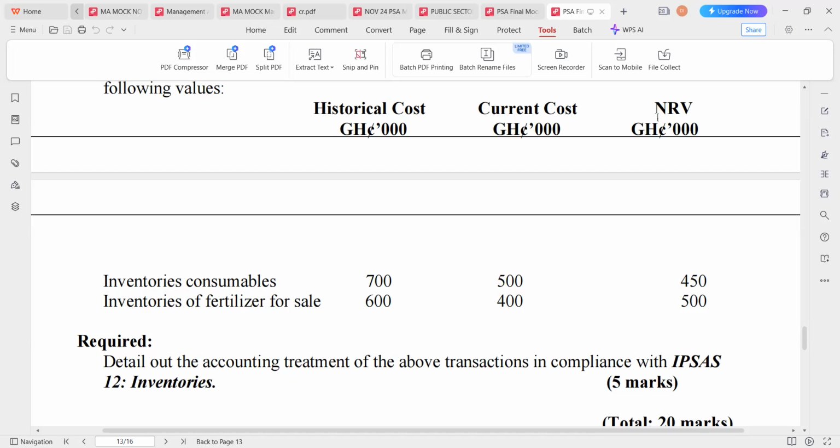Come again. Inventory consumable: I said consumable is, select the lower of current cost and historical cost. So the lower is current cost.